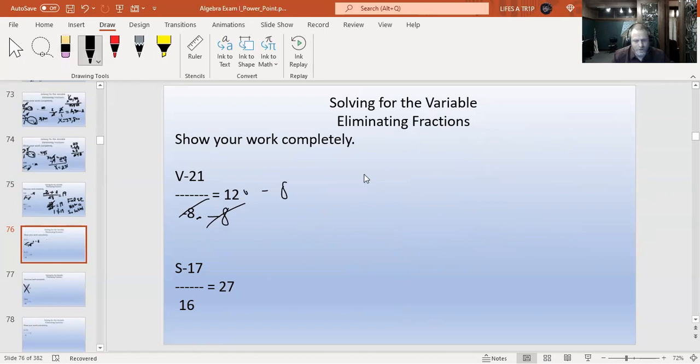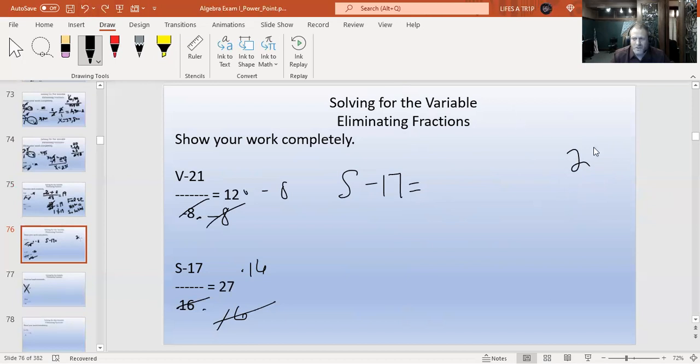All right. Before we start working on that, let's cancel that 16 out of there. Times 16, and then do it to the other side of the 27. So cancel, and S minus 17 equals, let's see what 26 times 16 is. I mean 27, excuse me.